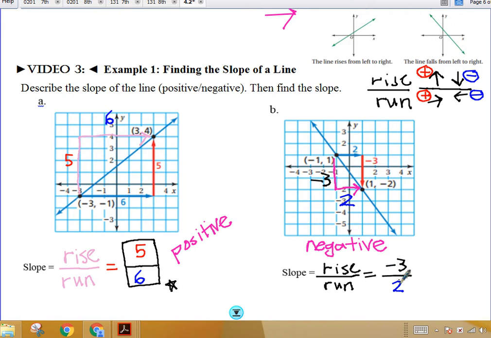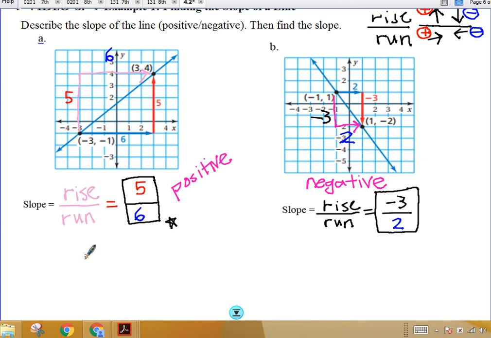Your slope is -3 over 2, because you went down 3 as a vertical change, and you have +2 because you went to the right 2 as a horizontal change. And we said our slope should be negative because it's going down from left to right. And if you look at your slope answer, that is also negative. So the answer is probably correct.